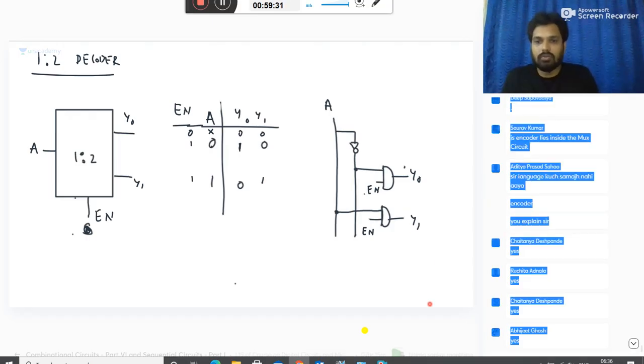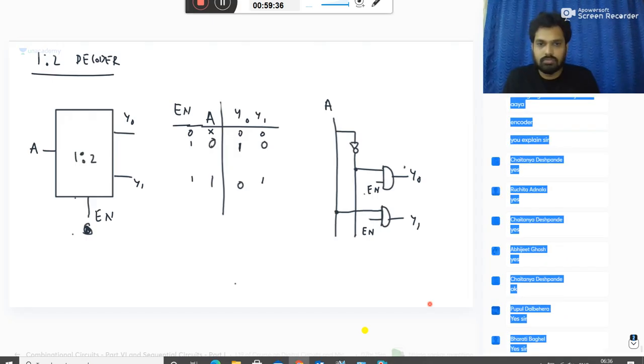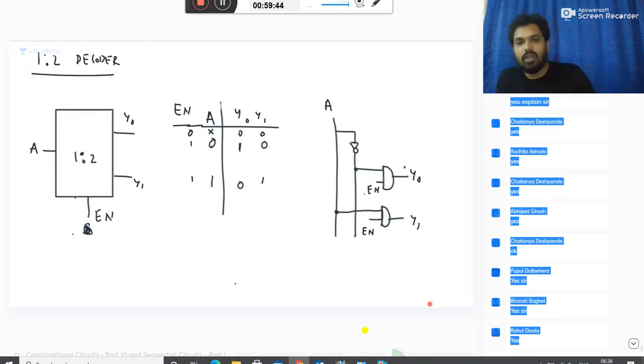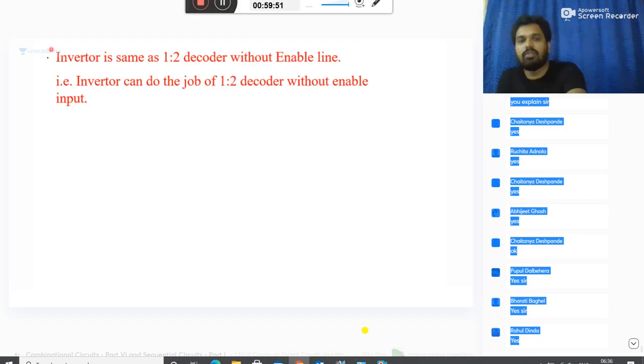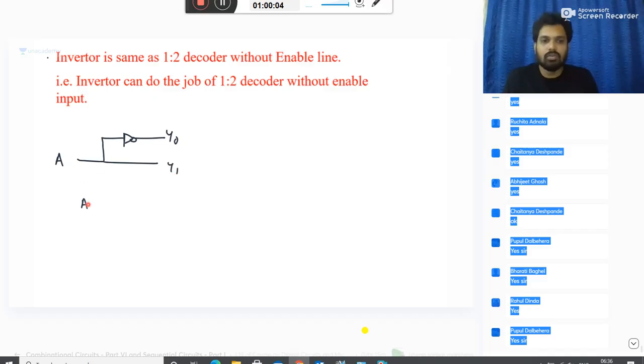Right. Now listen here. If this enable is not there, a simple inverter can do this job. Will you accept it or not? If you have an inverter like this, with input A, and you take y0, y1: when A is 0, y0 is equal to 1.